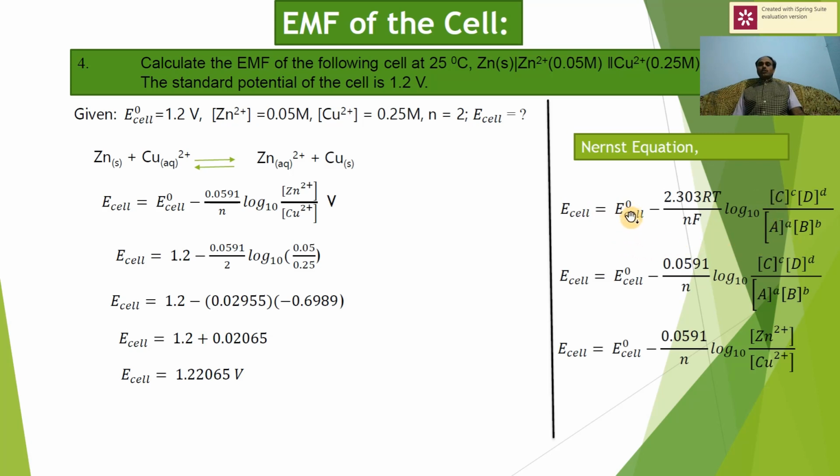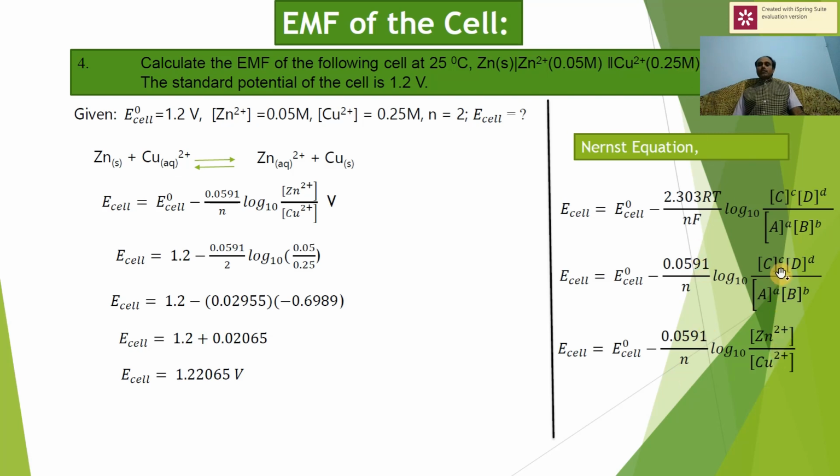E cell is equal to E naught cell minus 2.303 RT divided by nF log of molar concentration of C to the power of c, molar concentration of D to the power of d, divided by molar concentration of A to the power of a, and molar concentration of B to the power of b, for a general reaction we have written here. So the same equation can be written for our electrochemical reaction, that is the zinc and copper cell.